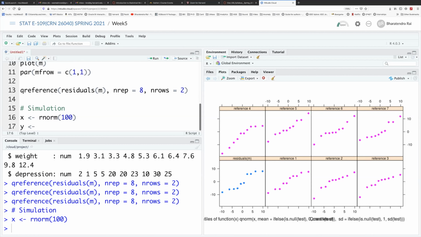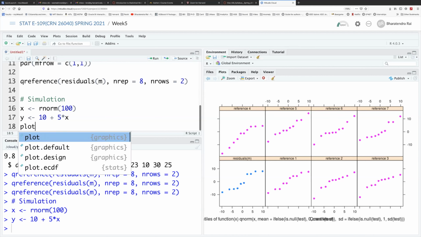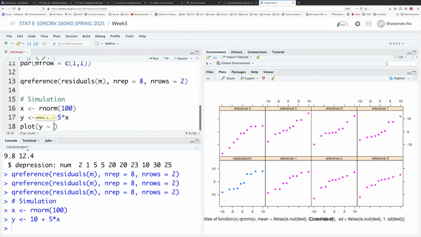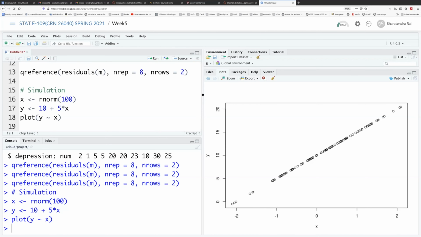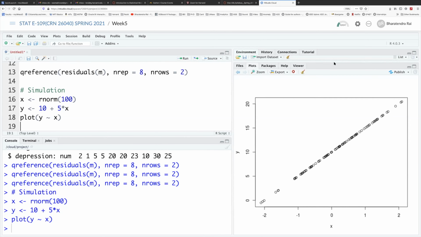This is not coming from data; we are creating a model such that the intercept is 10 and the slope is 5 times x. So now x and y are obviously related, and if you plot y as a function of x, you will notice that because there's no error, it is simply a straight line pattern.